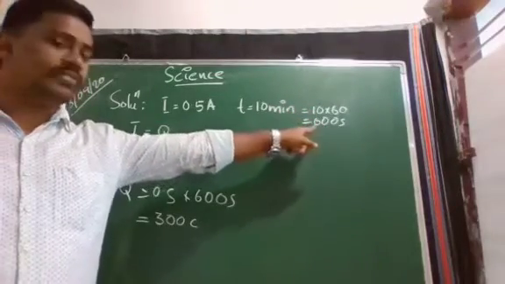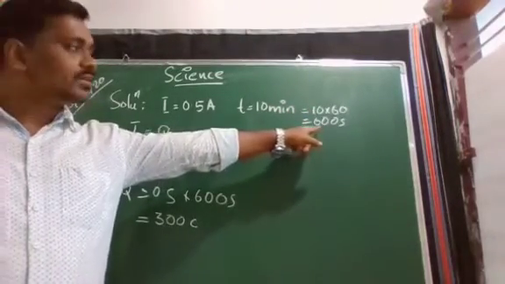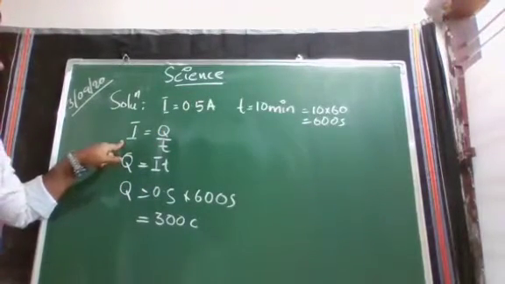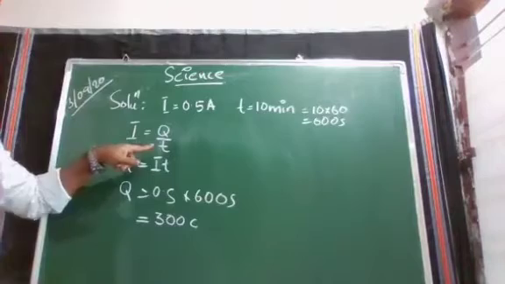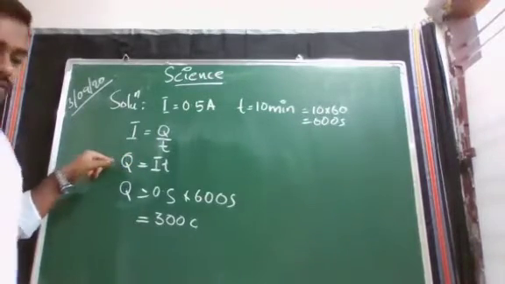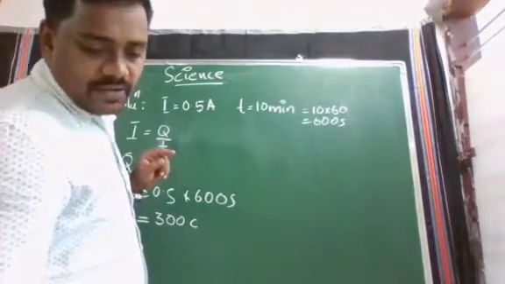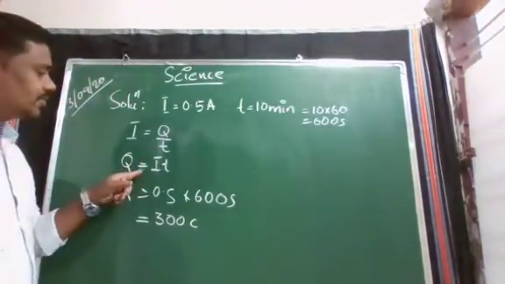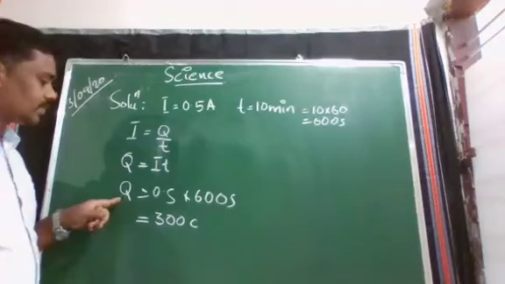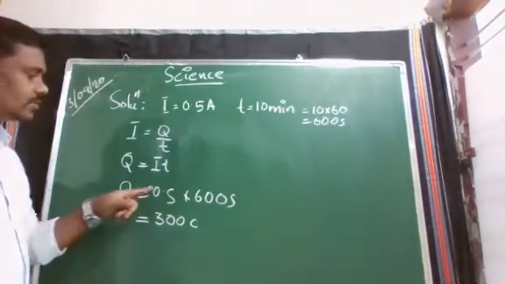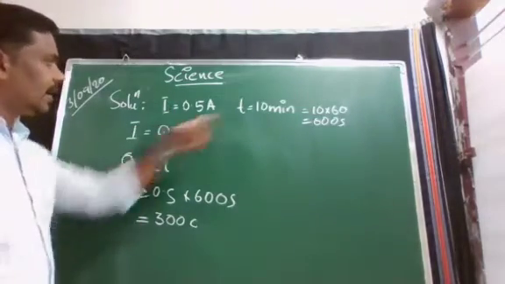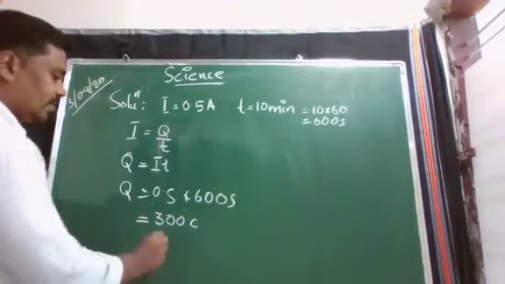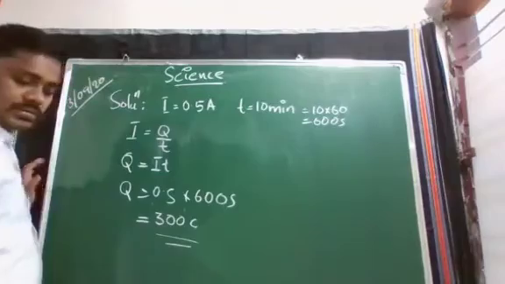This is in minutes, we want to convert it into seconds. We know the formula, current I is equal to Q by T. We want to find the electric charge, that is Q. Q is equal to I into T. So Q is equal to 0.5 into 600 seconds, and we got the answer 300 coulomb.